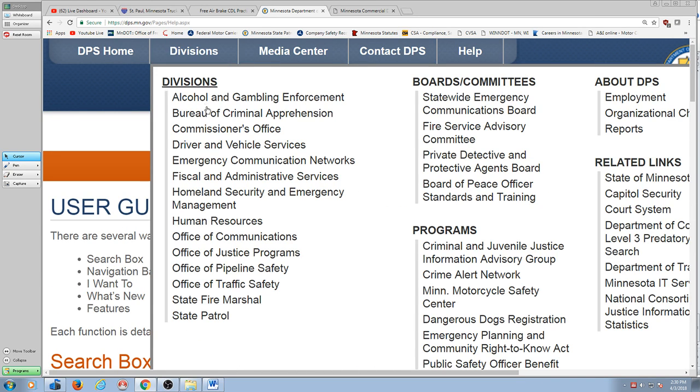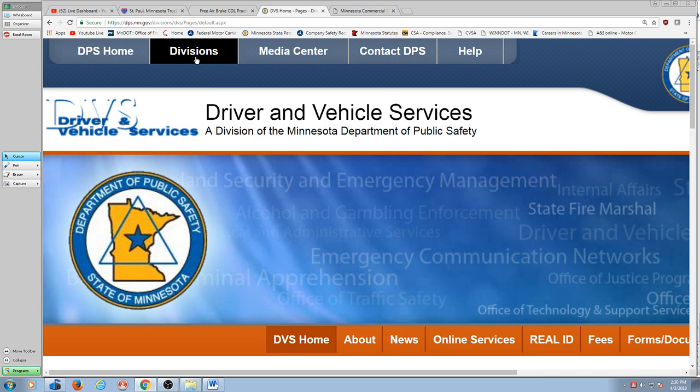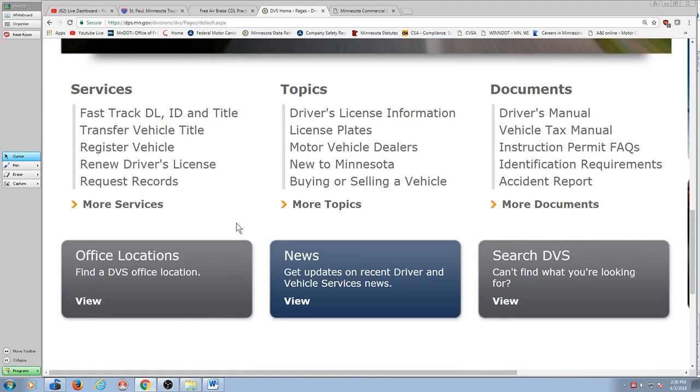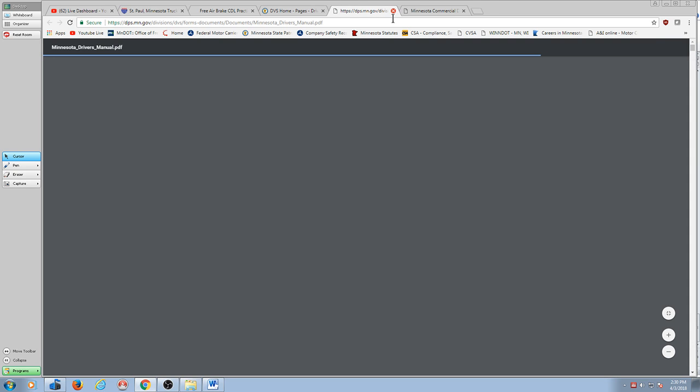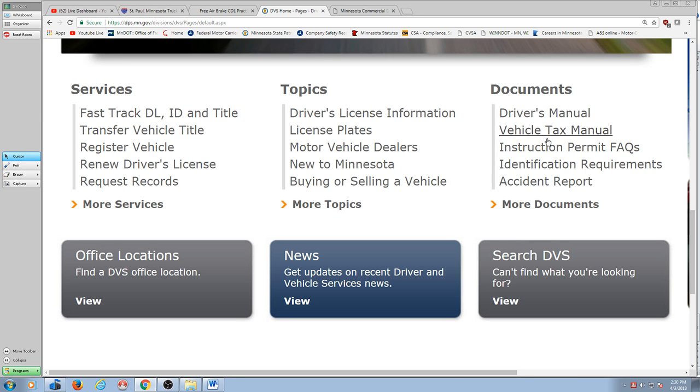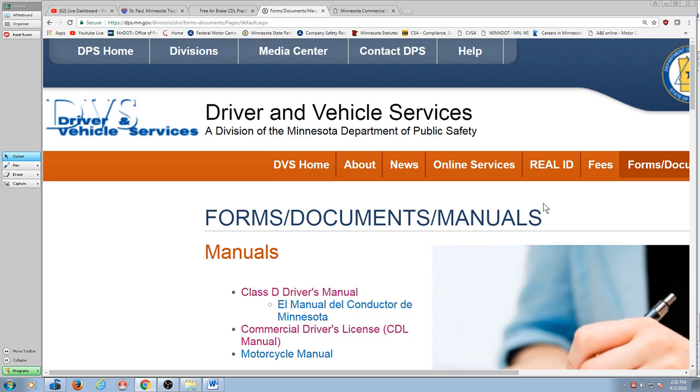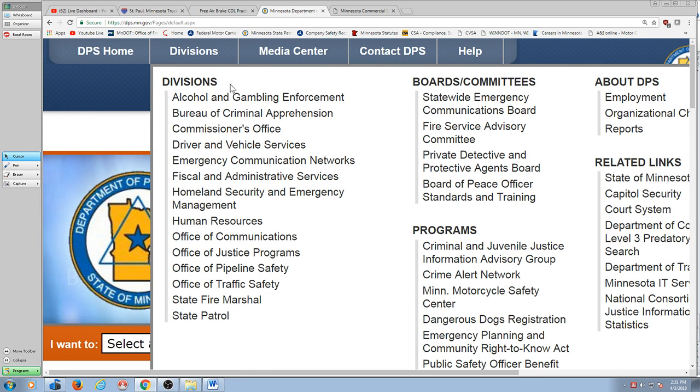Let's try divisions. Oh, wait, that's probably not what I wanted. Oh yeah, it is. That's more documents. There we are. So if you go to DPS home, go to divisions, go down to driver and vehicle services.